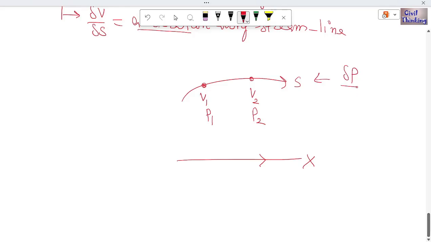The pressure gradient is negative delta P by delta S here; it is going to be negative delta P by delta X, because it is along the X axis. Here it was along S, so it was delta S. If it was along, for example, Y, then the pressure gradient is going to be minus delta P upon delta Y.